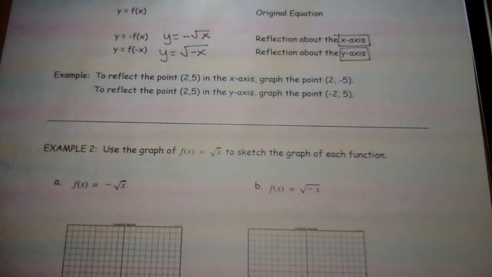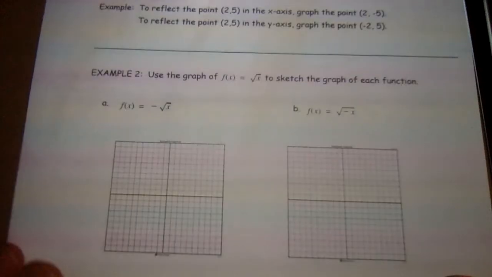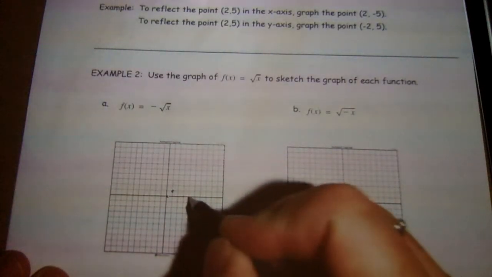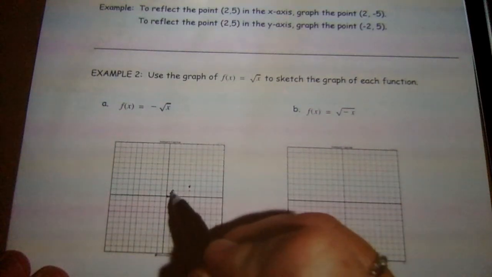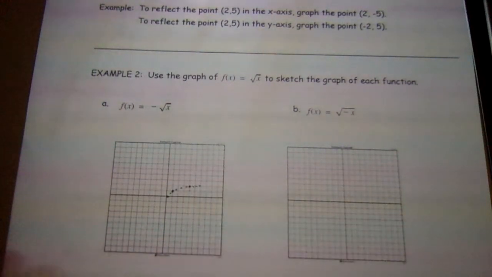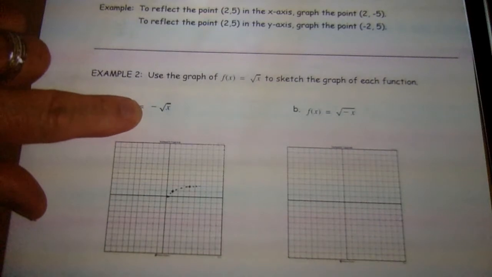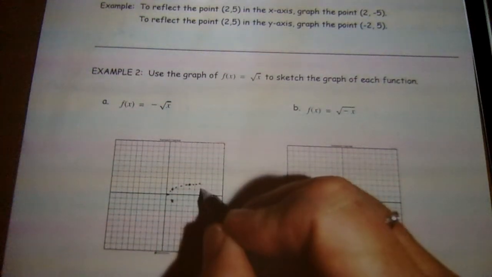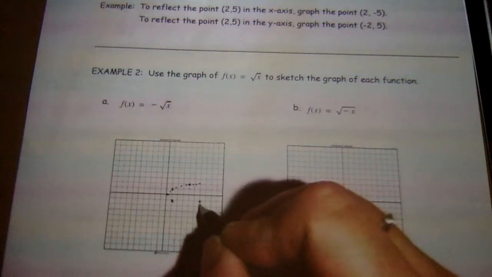All right, negative x squared. Well, the original function is this. What does that negative in front do to it? Flips it over the x-axis, so it's just a mirror.